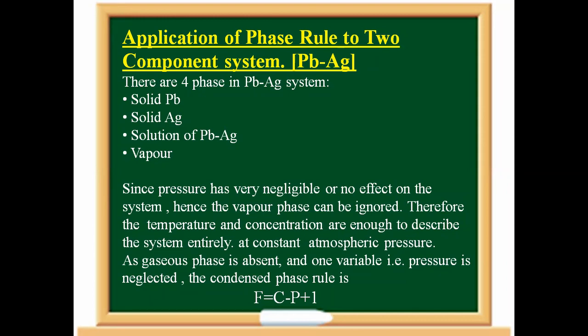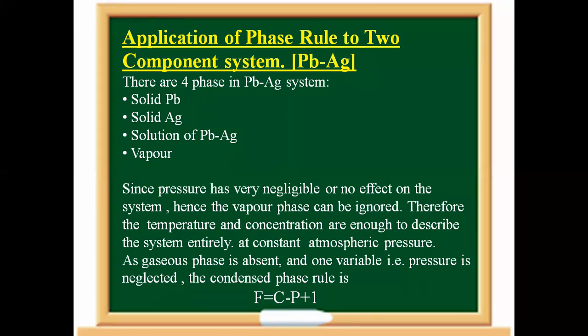So when such a situation happens where pressure is kept constant with respect to temperature and composition, then the Gibbs phase rule gets reduced by one variable.